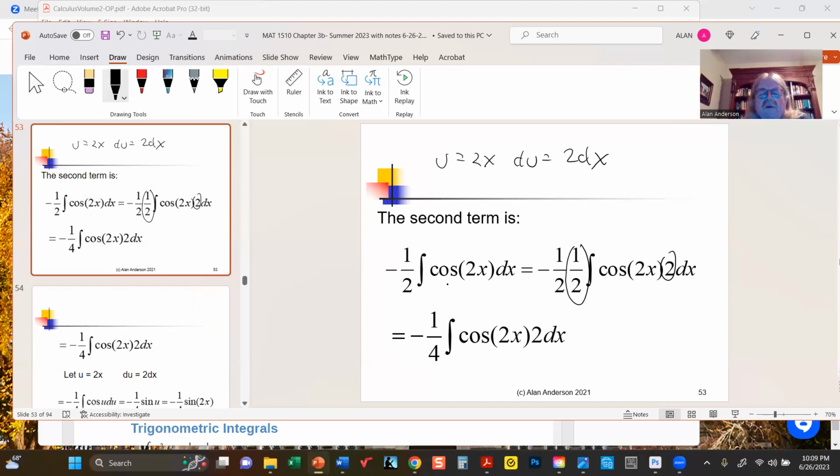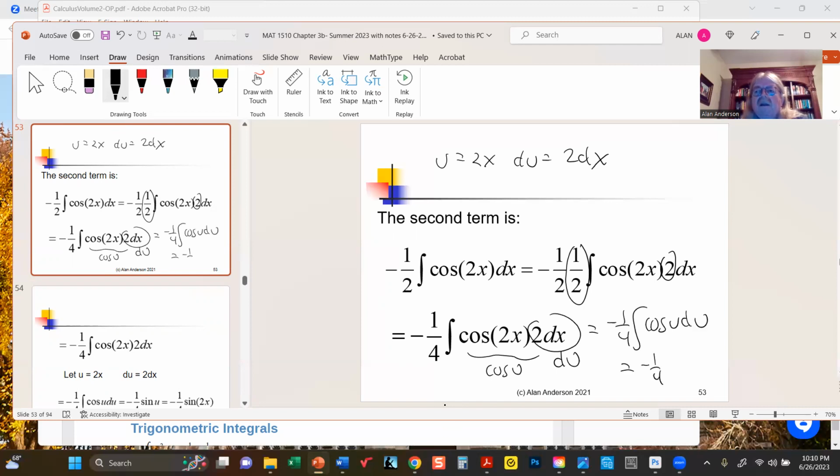So we end up with a negative a quarter cosine 2x times 2 dx. And so we got negative a quarter cosine u du. And that's equal to negative a quarter sine u. Now remember, when we're doing it like this, we don't need to include the constant for every single term. We'll do that at the end.